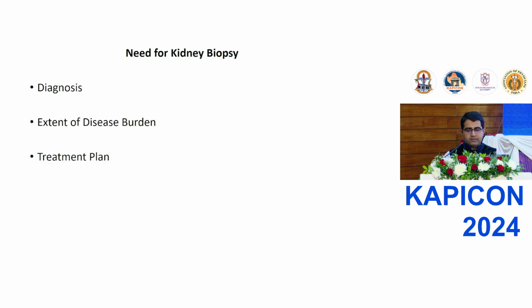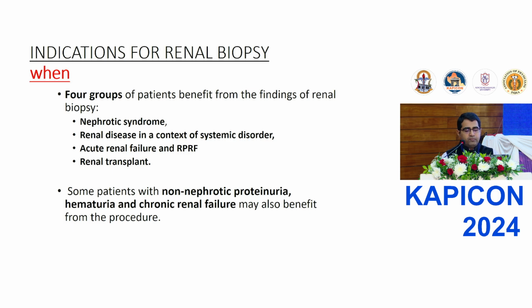Now coming to the next, when do we need a kidney biopsy? We have 4 particular groups of patients who would definitely benefit from having a kidney biopsy. One is nephrotic syndrome, which, as I already told, is a pentad.